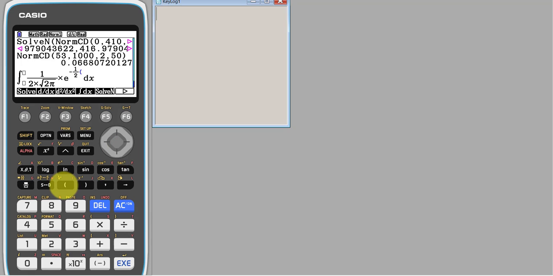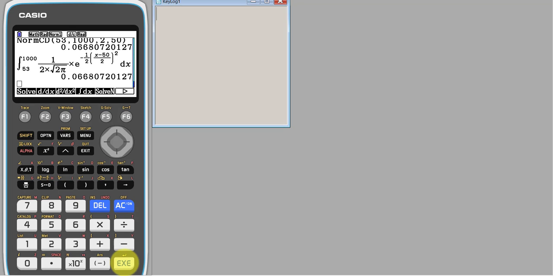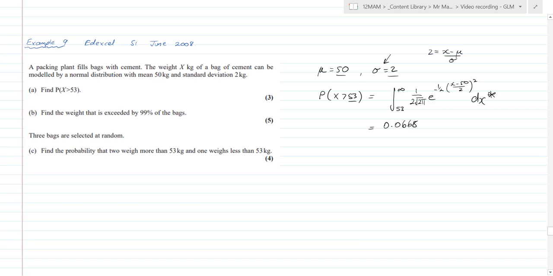This is going to be a fraction, and on top it's going to be x minus 50, over the standard deviation 2, close brackets and square it, and then I'll do it in the boundary from 53 to infinity, which I'm just calling 1,000 today, and 0.0668, same thing again. So you can do it using that integration process as well. And there's my answer to part A.